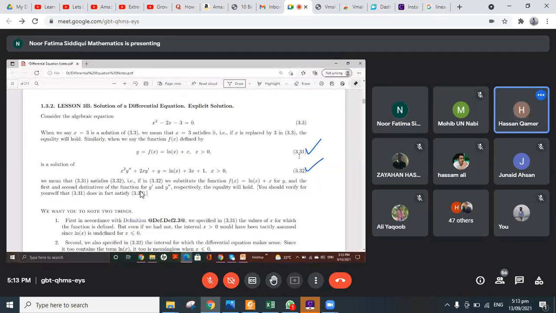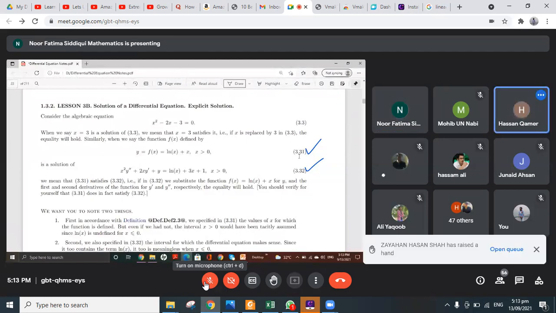Yes, ma'am. Right. Now substitute all. We have the equation x square y double prime, which is minus 1 upon x square. Then plus 2x as it is from the equation. Y prime is 1 upon x plus 1. Then plus y. Y is ln x plus x. The result equals ln x plus 3x plus 2.